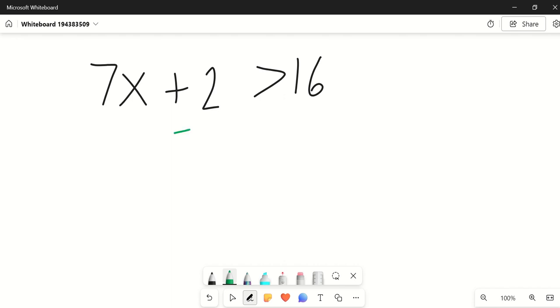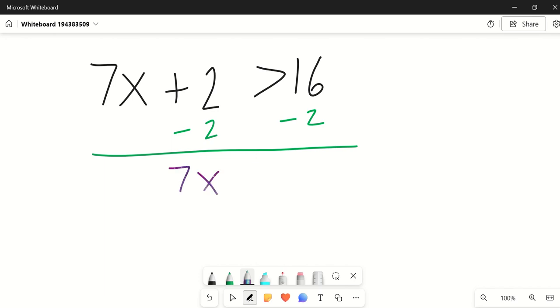So I'm going to subtract the constant, which is 2, from both sides. I'm going to rewrite my inequality. From left to right, 7x is greater than 14, because remember, we subtracted the 2. 16 minus 2 is 14. So now I have 7x is greater than 14.